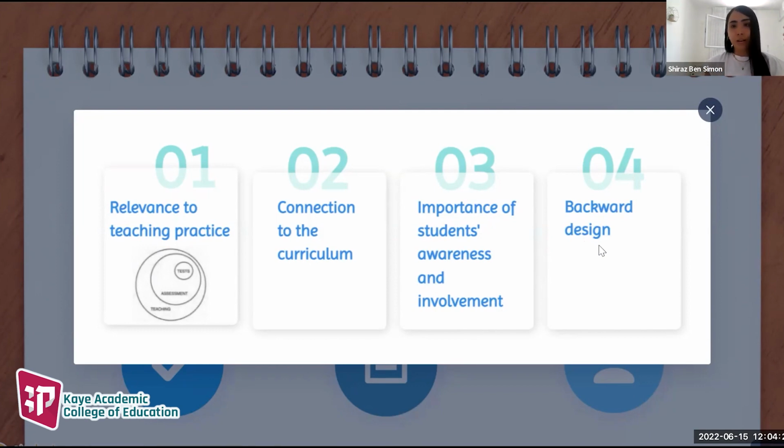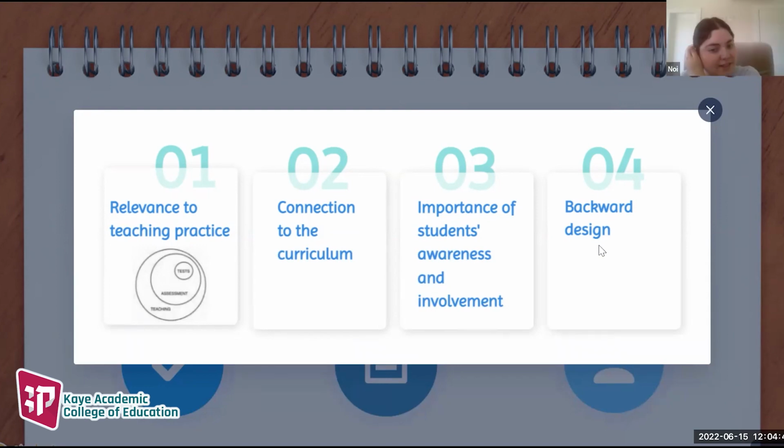Our students need to know that as well. Once we make our students aware and involved, the process becomes active for them as well. They're not sitting and waiting for us to do something. They are involved in their own learning process, which makes it much more meaningful.